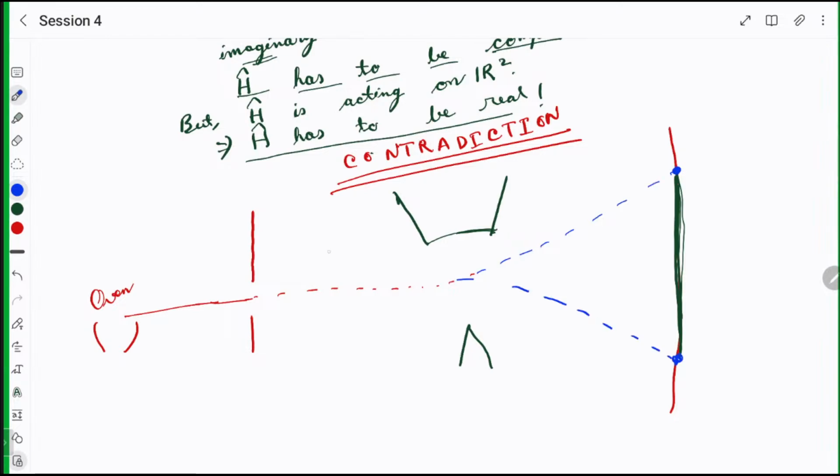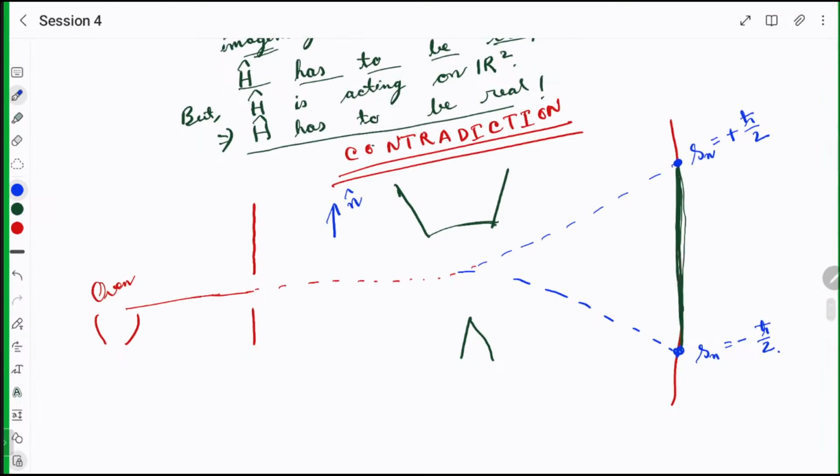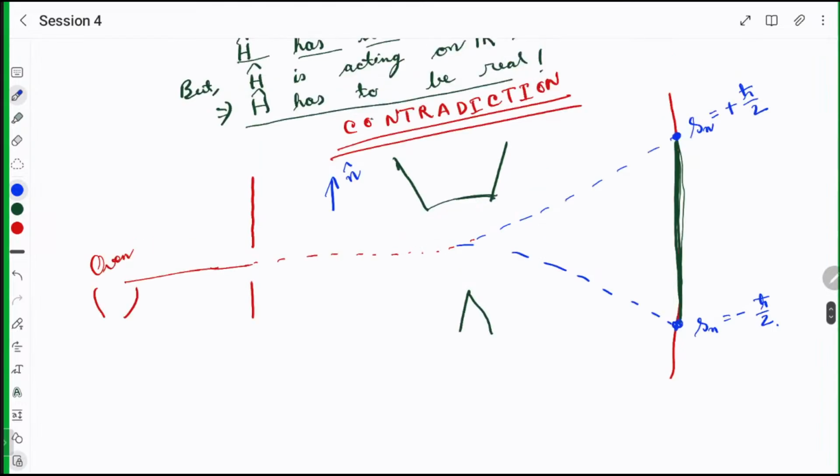If this apparatus is oriented along some n hat, then we concluded that the spin angular momentum corresponding to this is plus h cross by 2 and minus h cross by 2. This is what we found in the Stern-Gerlach apparatus.